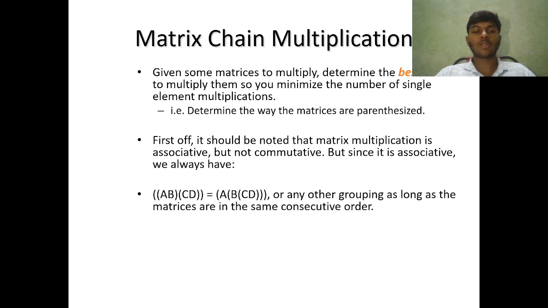Since it is associative, we have a choice: either multiply AB and CD individually and then multiply their results, or multiply CD first, then multiply that product with B, and the result with A, or any other grouping, as long as the matrices are in the same consecutive order.